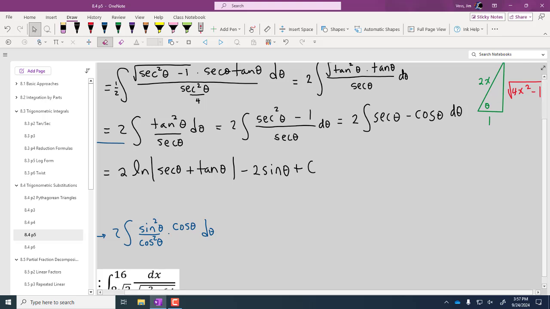So let's see where we're at then. Going back to x, we have 2 natural log absolute value. Secant is 2x over 1, so that's 2x, plus tangent is the square root of 4x squared minus 1, minus 2 times sine of theta, opposite over hypotenuse, so the square root divided by 2x, plus c.